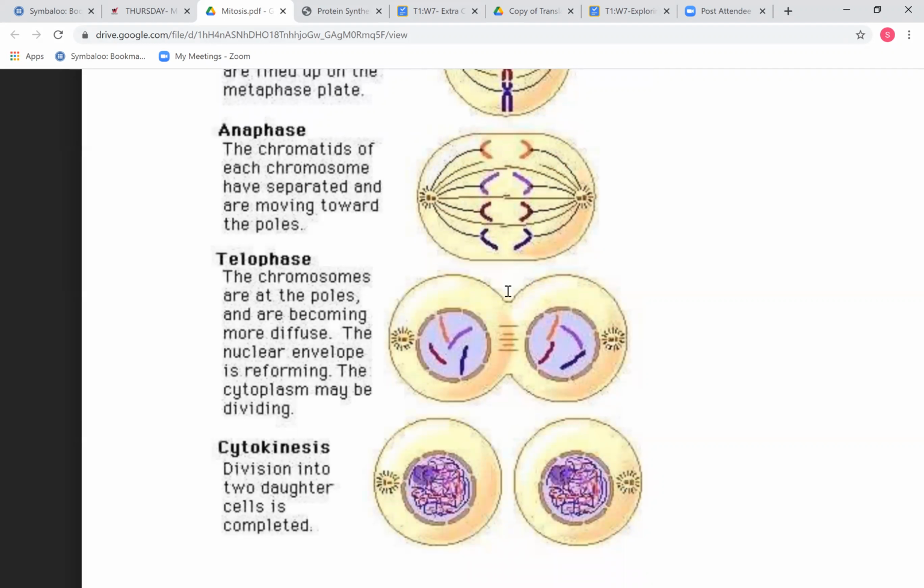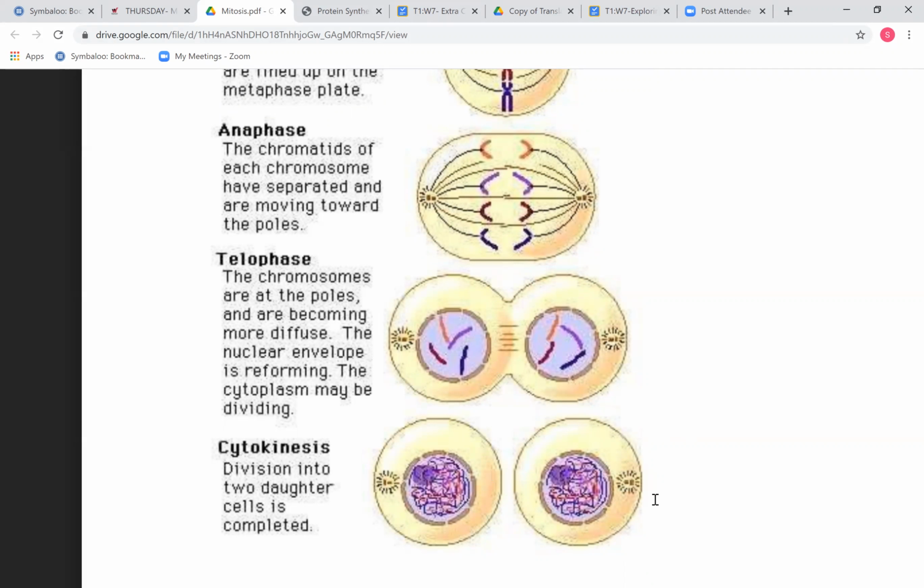And then in telophase, it kind of looks like a peanut. The peanut's starting to show that the cells are pulling apart. You're going to have the chromosomes, or the chromatids that were pulled to the sides, divided into the cells. You're going to have elongation of the cell continuing to happen. You're going to have the nuclear envelope starting to reform around the cells. And then in the end, you have cytokinesis.